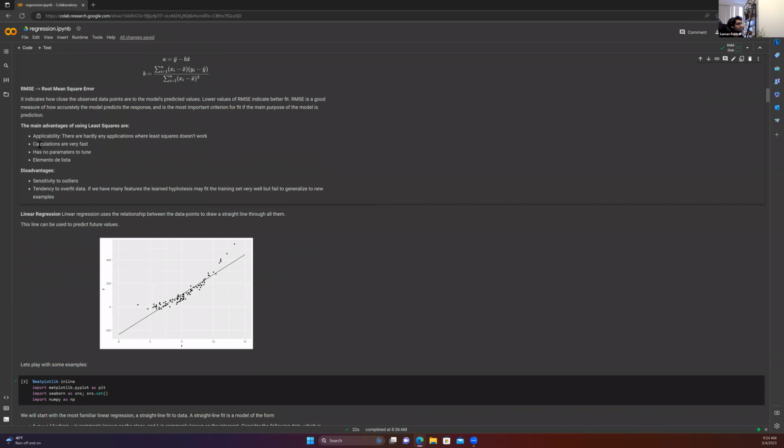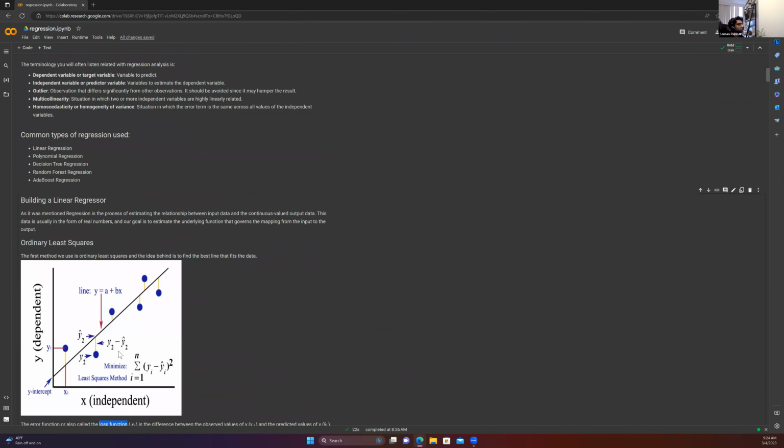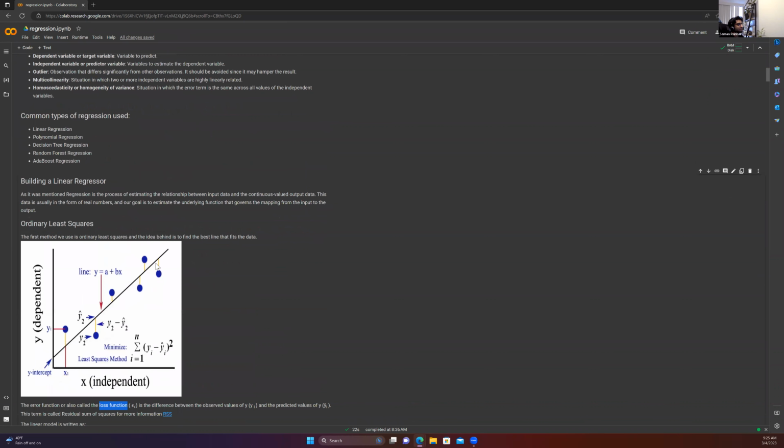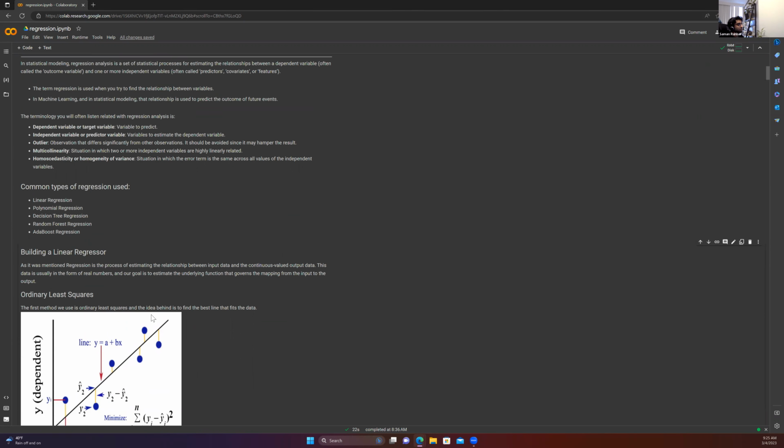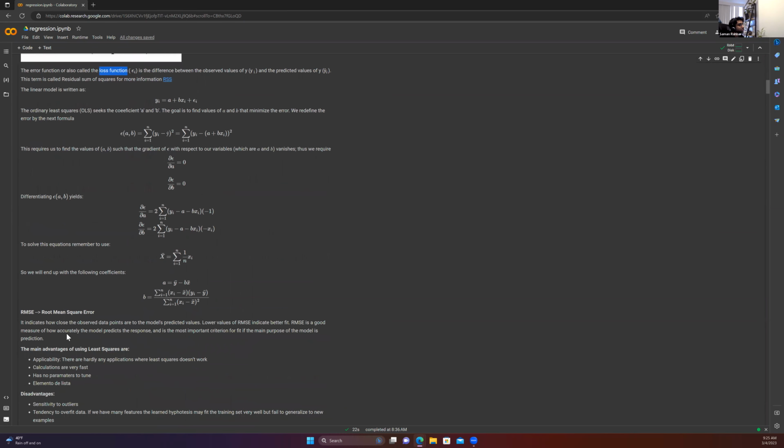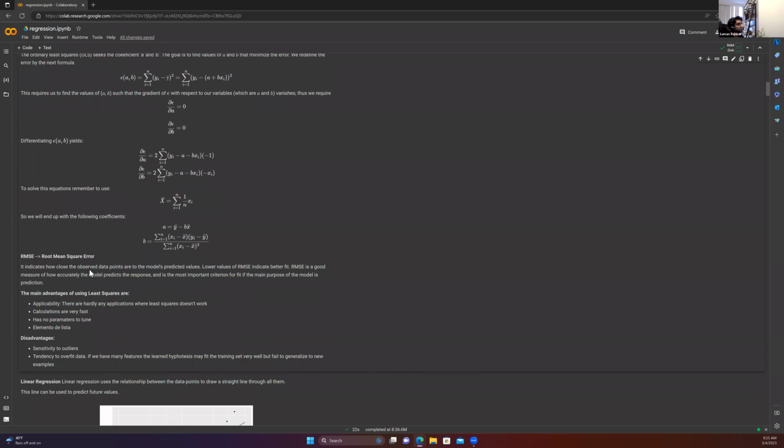This metric is really sensitive to outliers, and the reason is that we're trying to minimize these distances. So if you have an outlier here, it tries to minimize the distance based on that outlier too. That's why this metric is really sensitive to outliers.